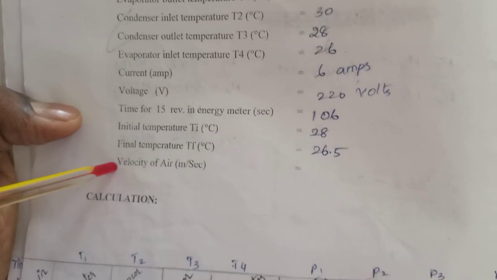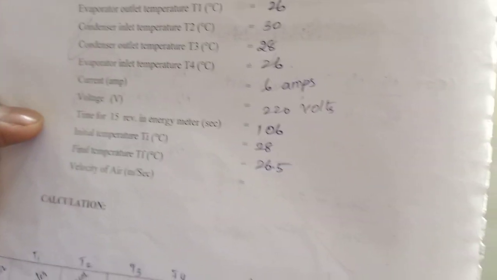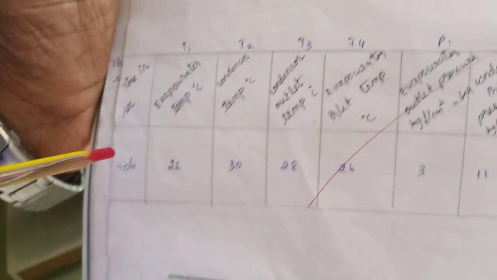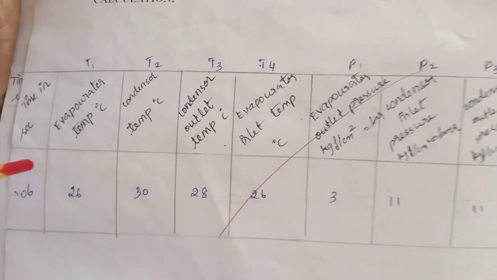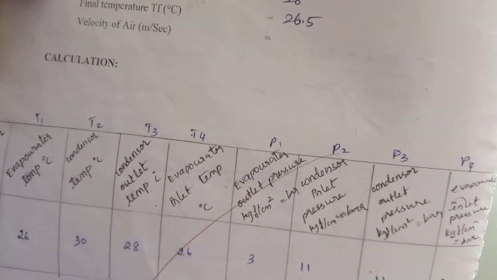Okay, so this is how the tabulation will look. Here you can see the time taken and the evaporator and other readings are given here. These are all used for finding the actual COP.